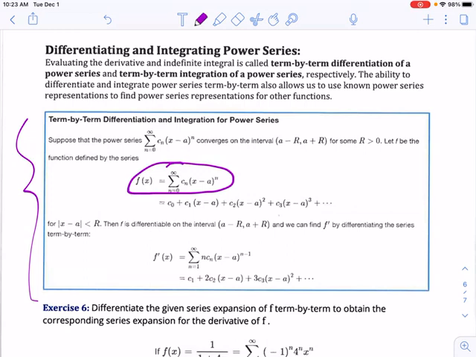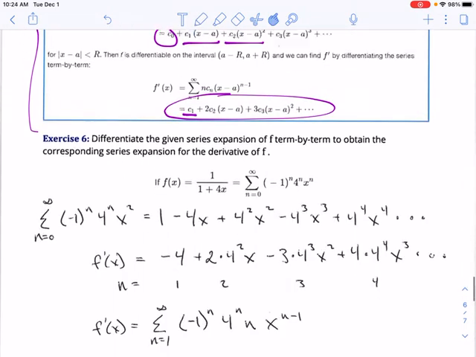And so we have c sub 0 goes away, c sub 1 times x minus a just becomes c sub 1, and c sub 2 times (x minus a) squared becomes 2 times c sub 2 times (x minus a). And so we differentiate term by term. So let's take a look at the first example.